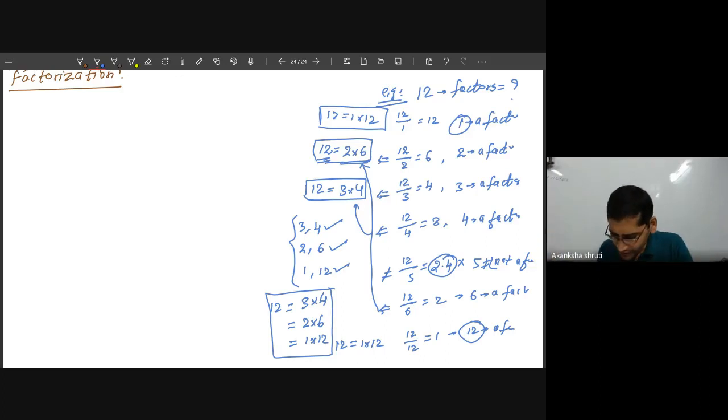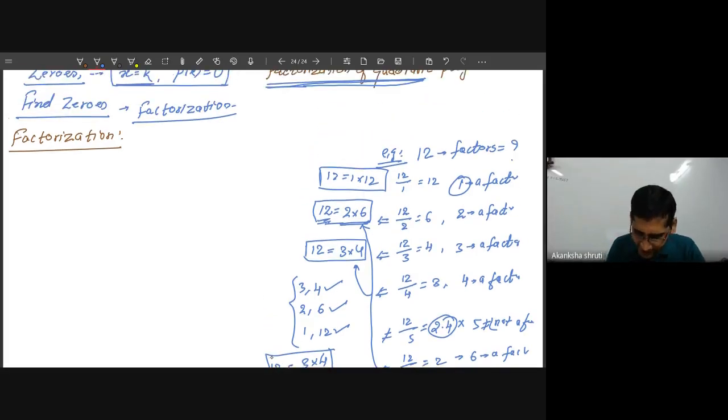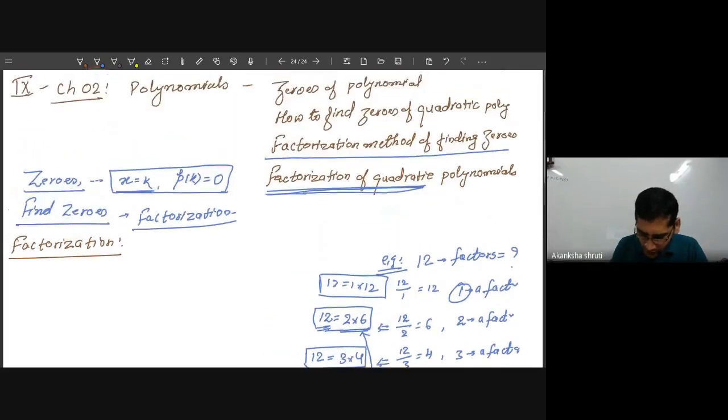Okay, student, in a similar fashion, what we have learned here is that a given number can be written as a product of two numbers. Similarly, if we are given a quadratic polynomial, how is the quadratic polynomial?